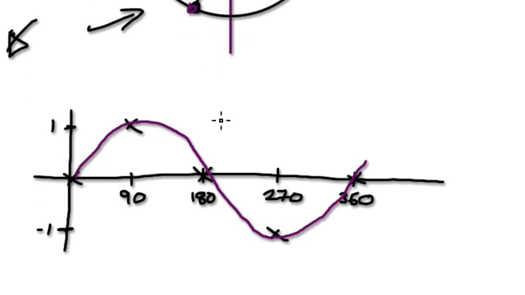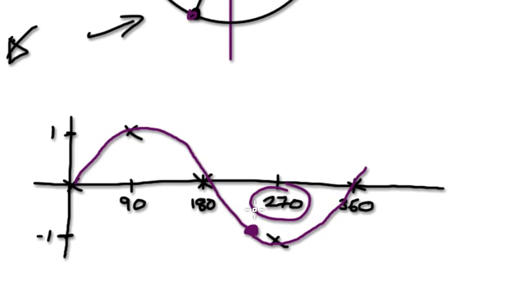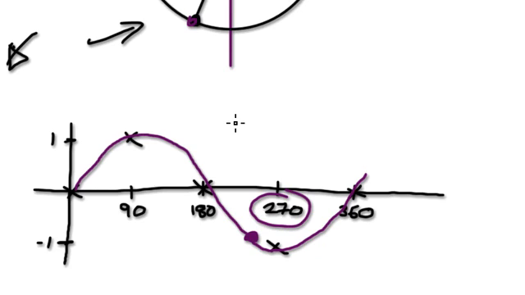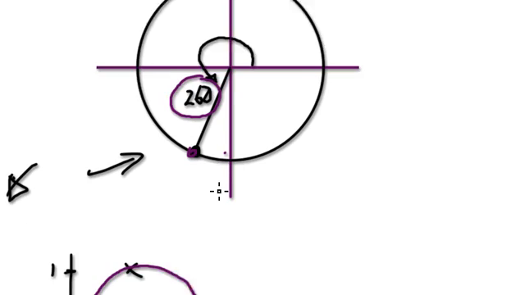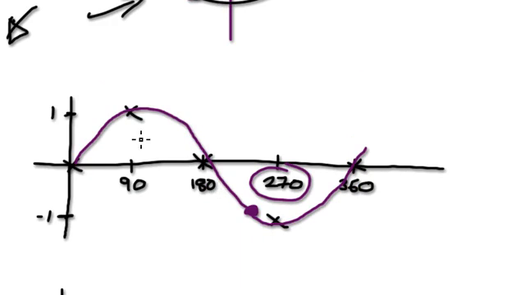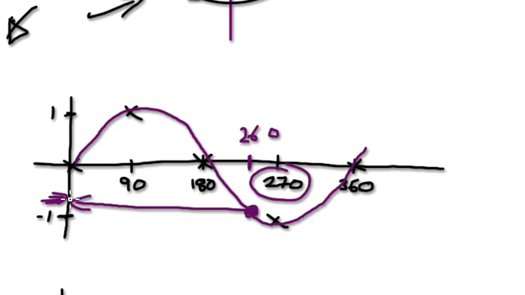Well, if 270 is here, then I'm going to guess 260 will be here. Looking at this graph, you can tell that at 260, which is here, the height will be probably negative, around here.